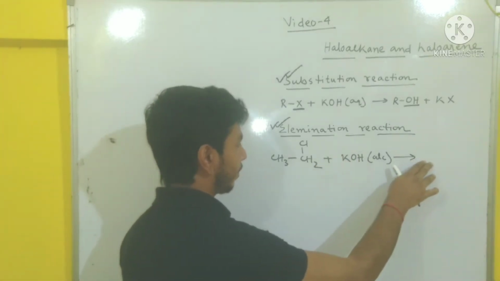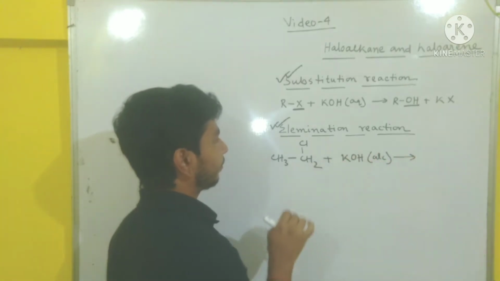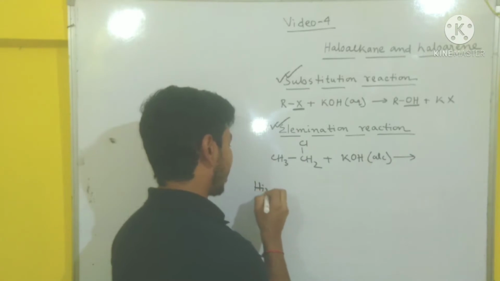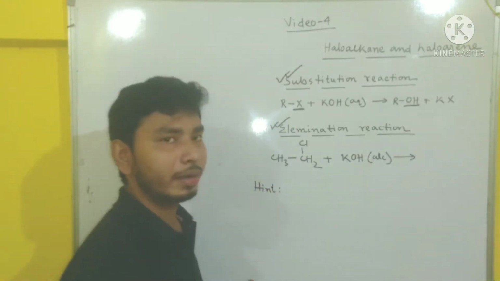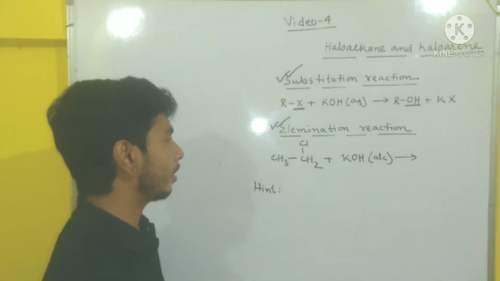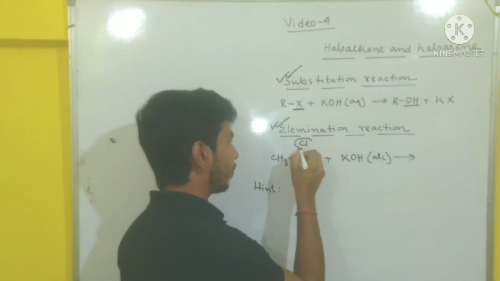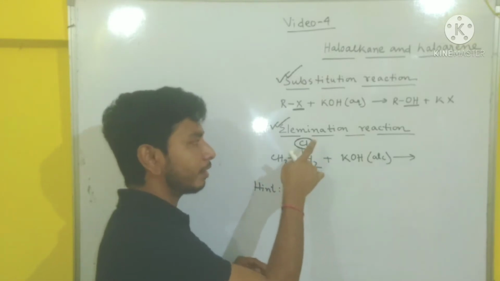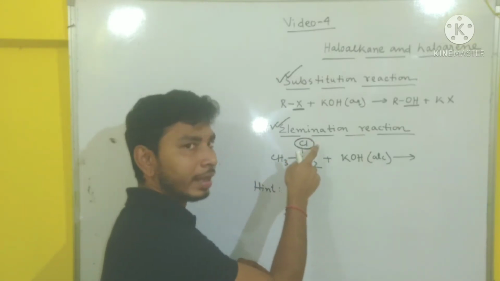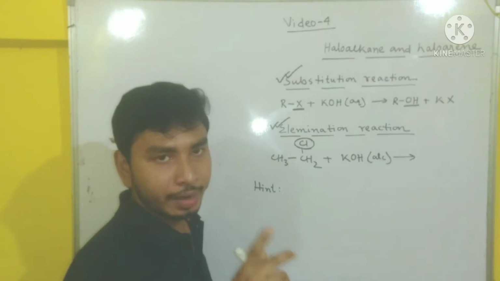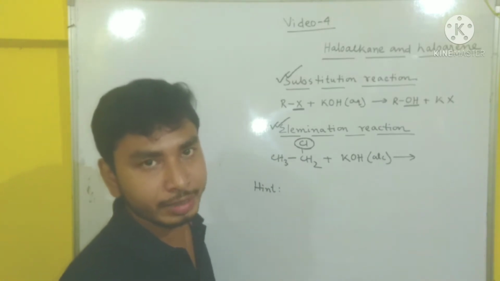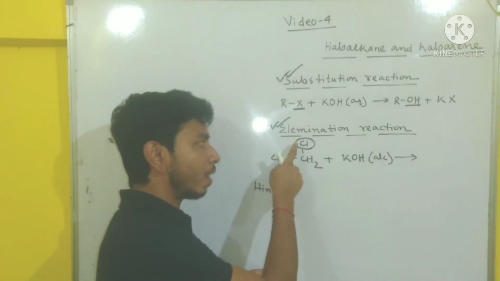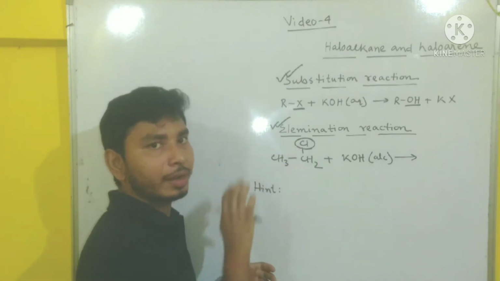For writing the product, the hint is that this halogen group is removed, along with one hydrogen from the adjacent carbon.